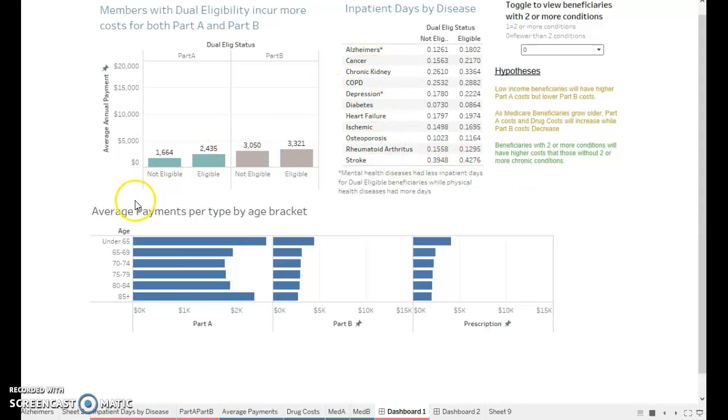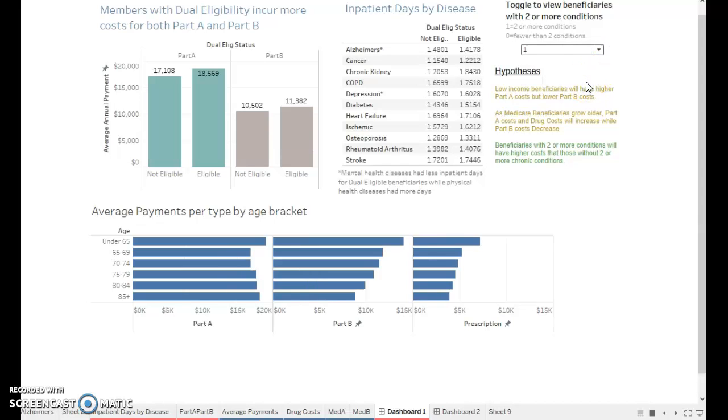And we can see those average payments by age bracket over here. Part A still continues to be somewhat high. Part B is pretty low, and prescription costs are pretty low. But as soon as we go and look at the population that does have 2 or more conditions, we see a significant increase in both Part A and Part B cost.